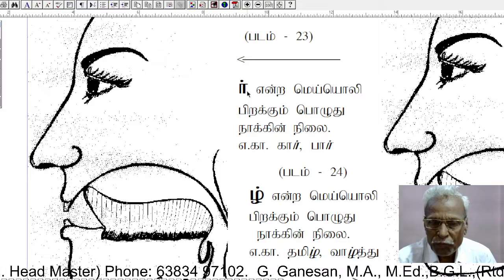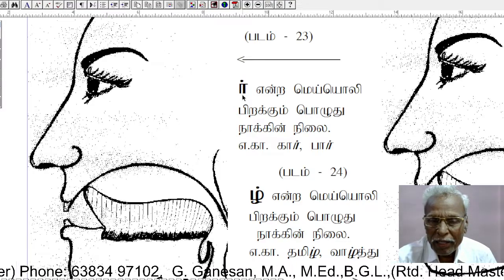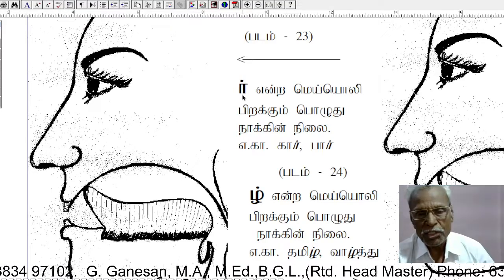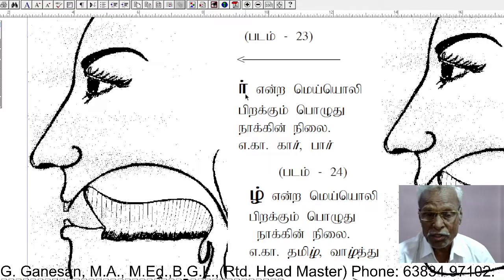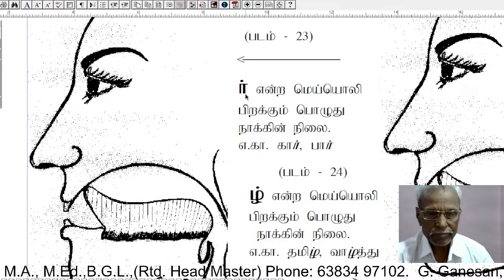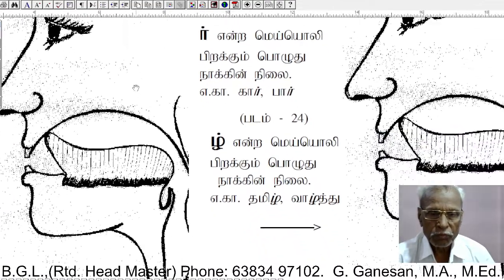This phoneme is like an English phoneme. That is, in English there is a phoneme like this, but not equivalent to it. Here, look here.